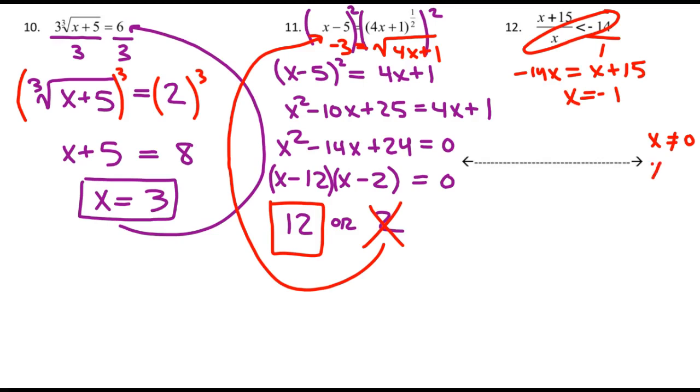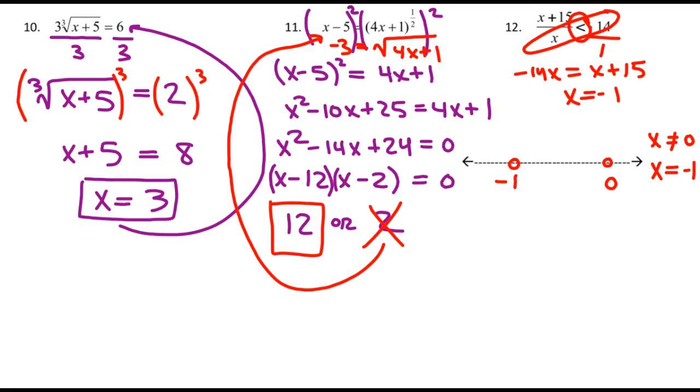So now I have my two values, x is negative 1 and x is 0, and I put those on my number line. So I have an open circle at negative 1 because it is strictly greater than, or less than, excuse me. And then I also have an open circle at 0 because that's a restricted domain value, so x cannot equal 0. Then I do my test points.